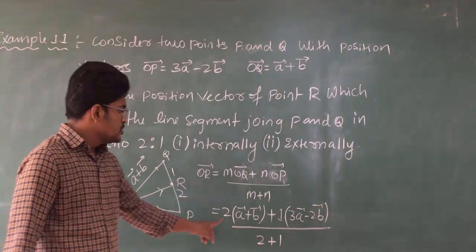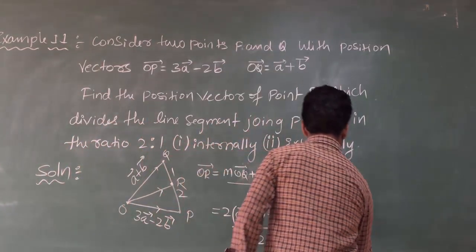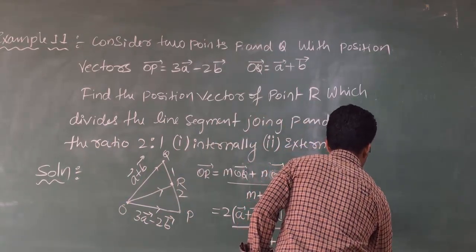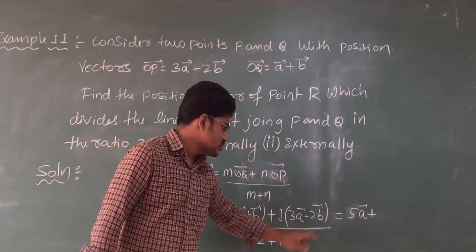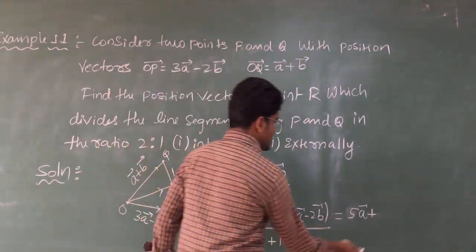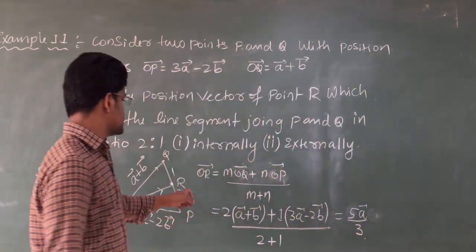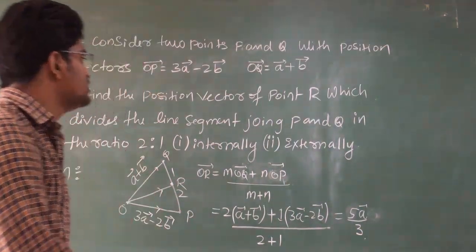Clear? So 2 times vector A plus 3 times vector A will be equal to 5 times vector A, plus 2 times vector B minus 2 times vector B will get cancelled. So divided by 3, this is vector OR, 5 times vector A divided by 3.